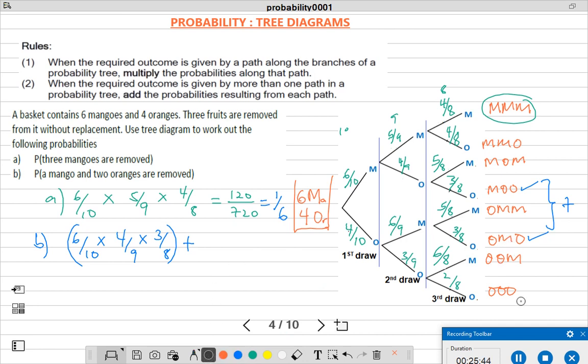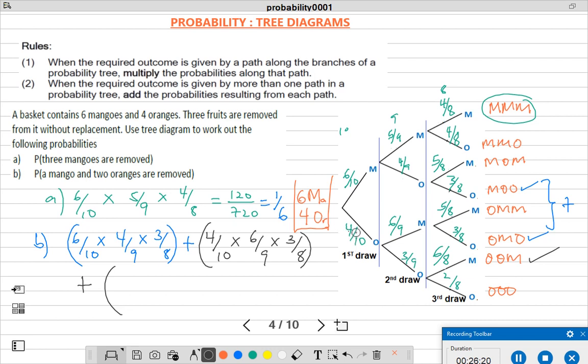Now another one is here. We have orange, mango, orange. So orange, that is 4 out of 10 times 6 out of 9. Orange, mango, orange. Times 3 out of 8. Just press the calculator and get the answer. So we are forgetting this one. Even here we have 2 oranges and 1 mango. So this one must also be added.